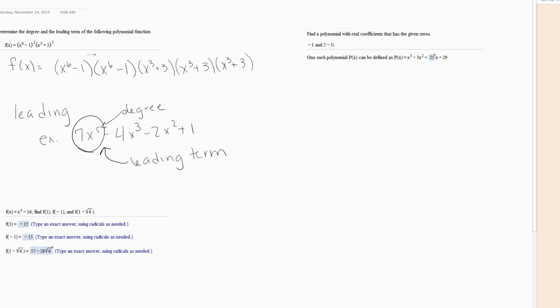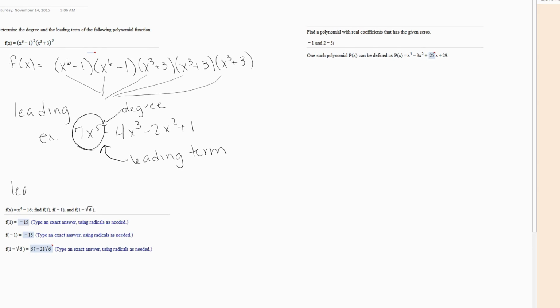Now, we don't have this in what's called expanded form, where it's written all the way out like this. But how we would get this first term, since that's all we need, is by multiplying each of these first terms together. So we'd say, okay, what would happen if we had x to the 6th, x to the 6th, x cubed, x cubed, x cubed?